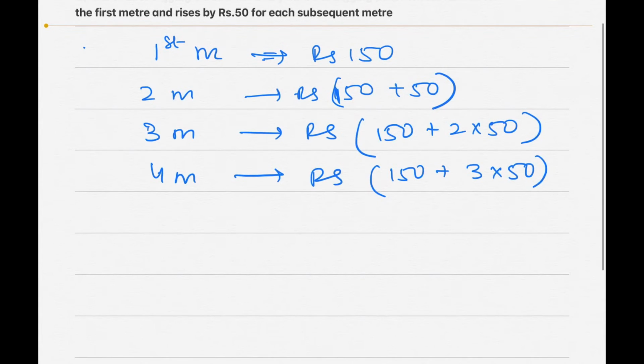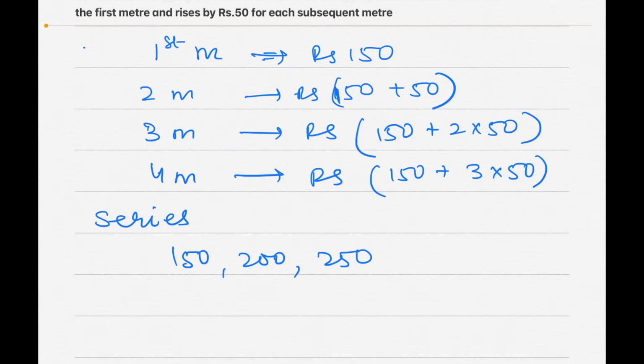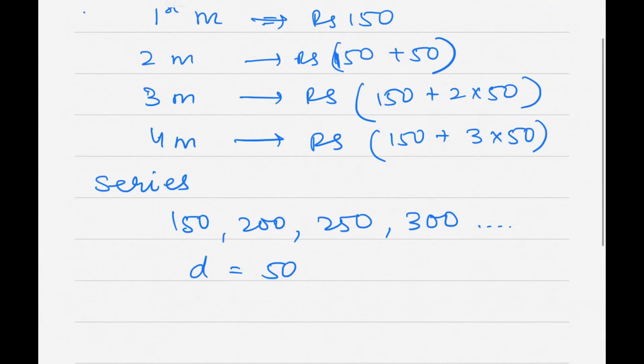So my series would become 150, then 200, then 250, then 300, and it will go on so on. So I know the common difference is the same, right? D is equal to 50, I can see here, and it is the same for each and every term.